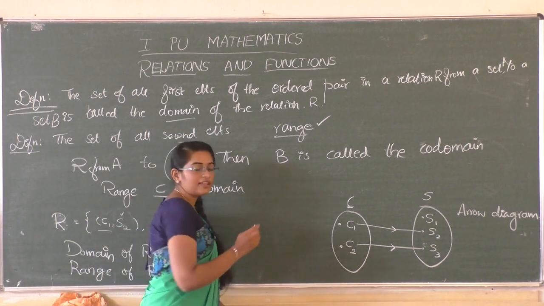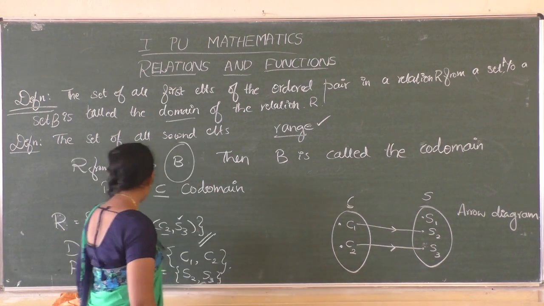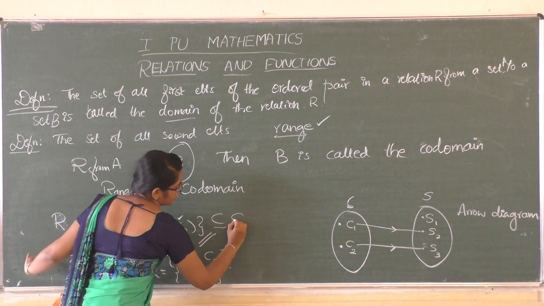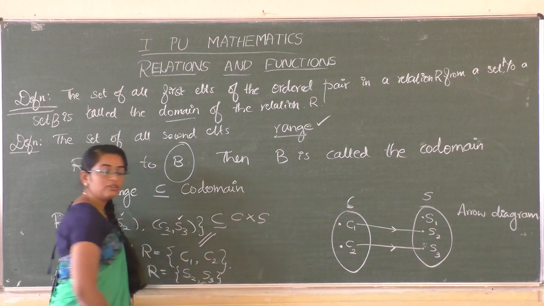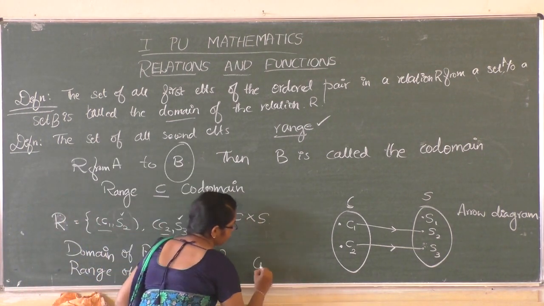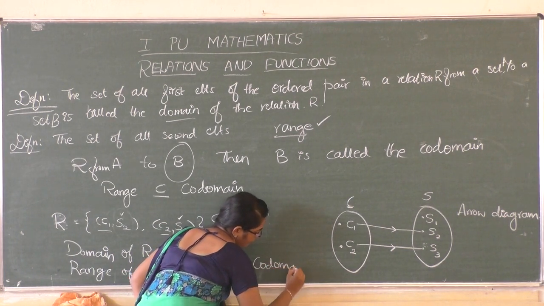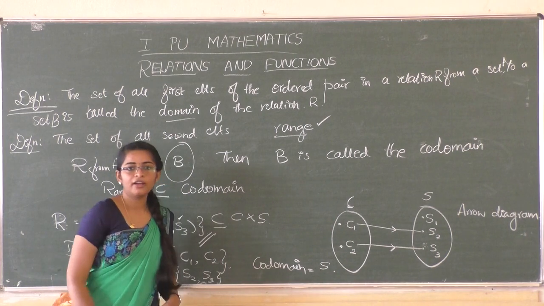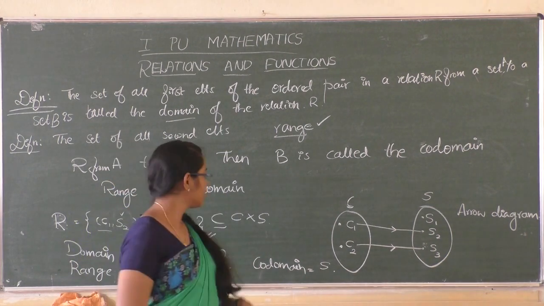And what is the codomain? Codomain is the whole set. This relation is a subset of C cross S, and the codomain is the second set itself. So the codomain of R is S. Okay? I hope you are clear with this.